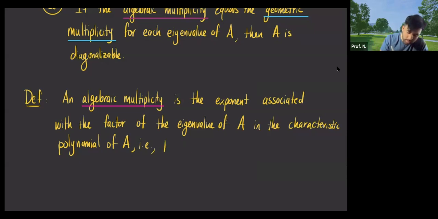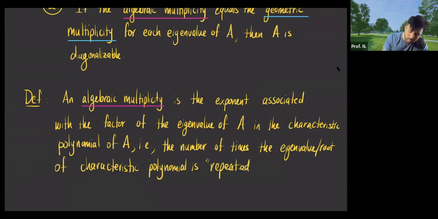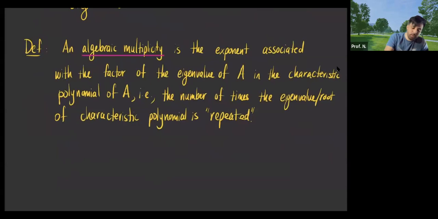It's the number of times the eigenvalue, or root, of the characteristic polynomial is repeated.